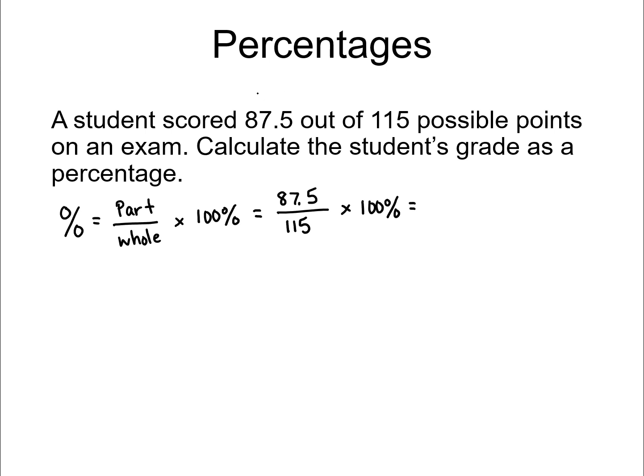Since we've only got 3 sig figs here, that would be my answer. Your calculator would say 76.086 something something something.